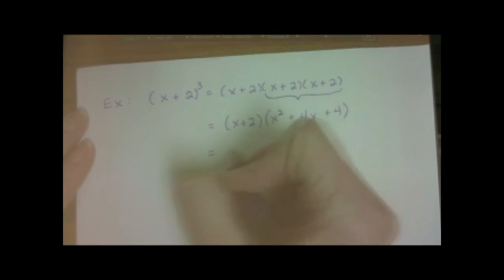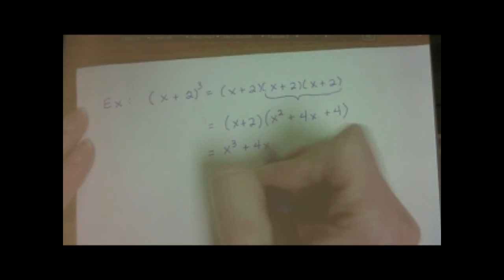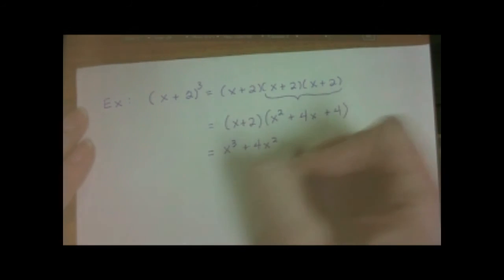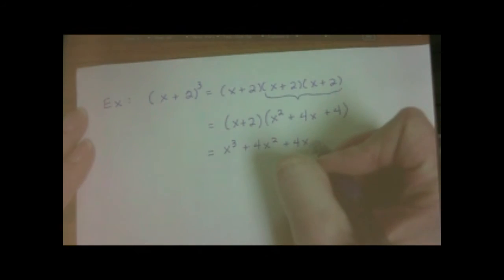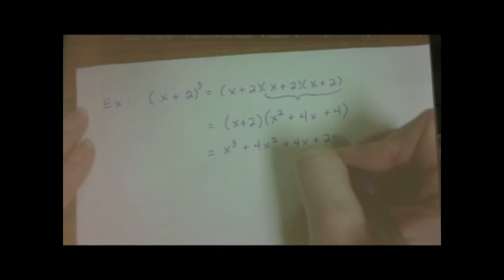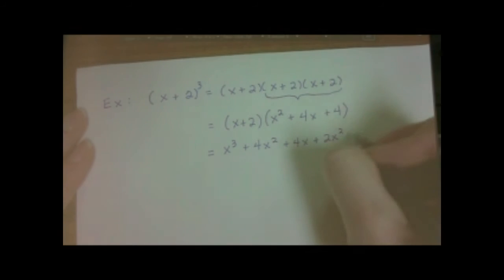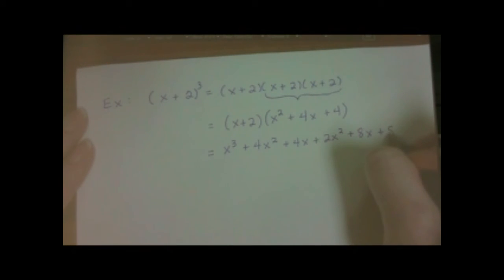So x times x squared is x to the third. x times 4x is plus 4x squared. x times 4 is plus 4x. 2 times x squared is plus 2x squared. 2 times 4x is plus 8x. And 2 times 4 is plus 8.